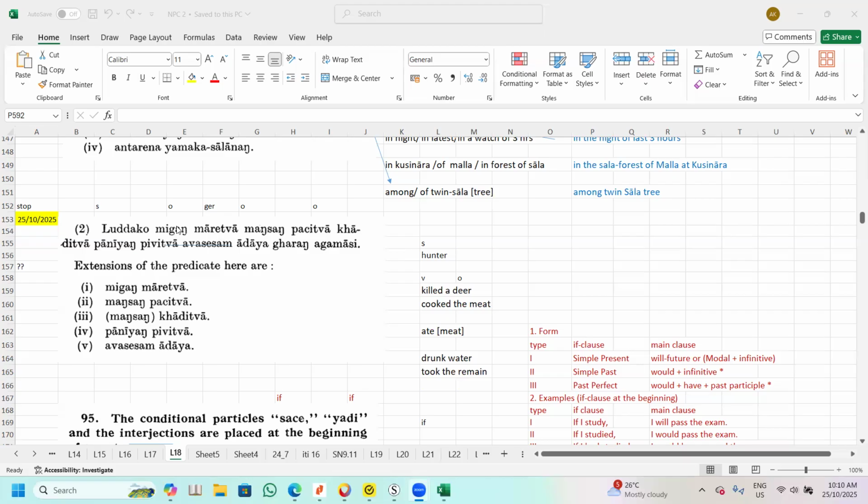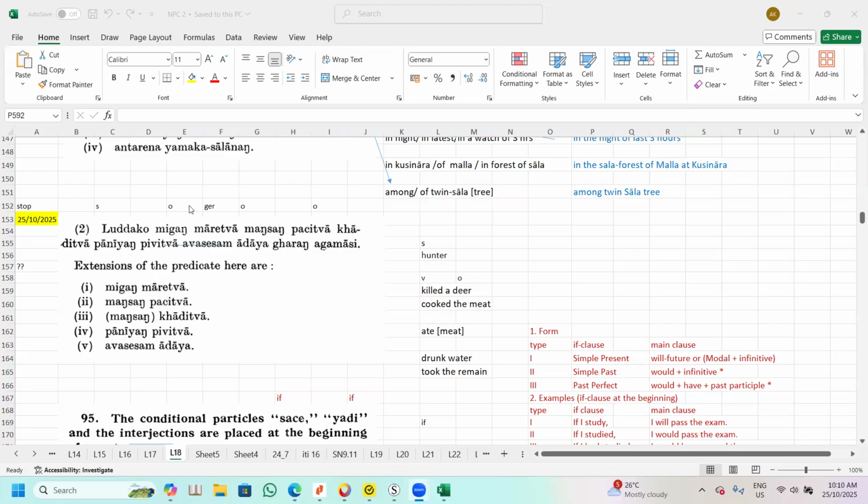In front there will be an object, then the gerund, then another object. There are two gerunds close to each other, and these two gerunds will take one object.